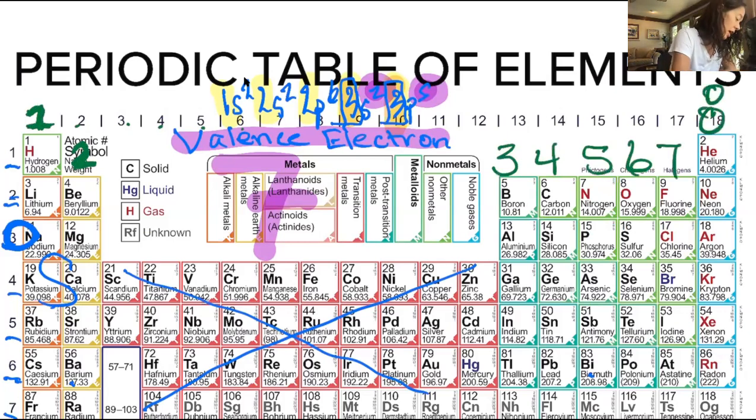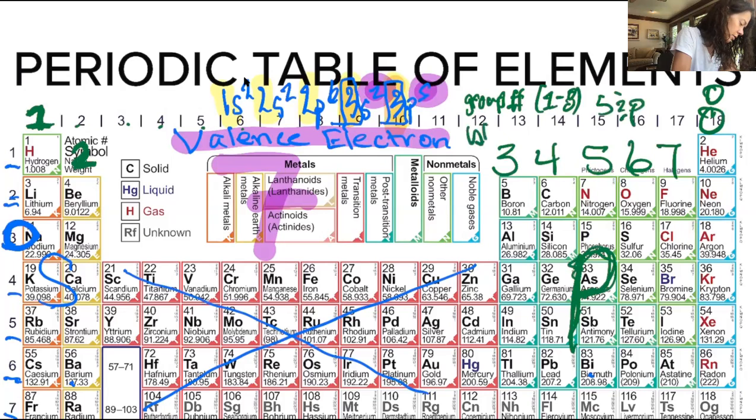These are now group numbers. What I see is that the group number for an S or a P block element, you should be writing this down, and that's 1 through 8, right?